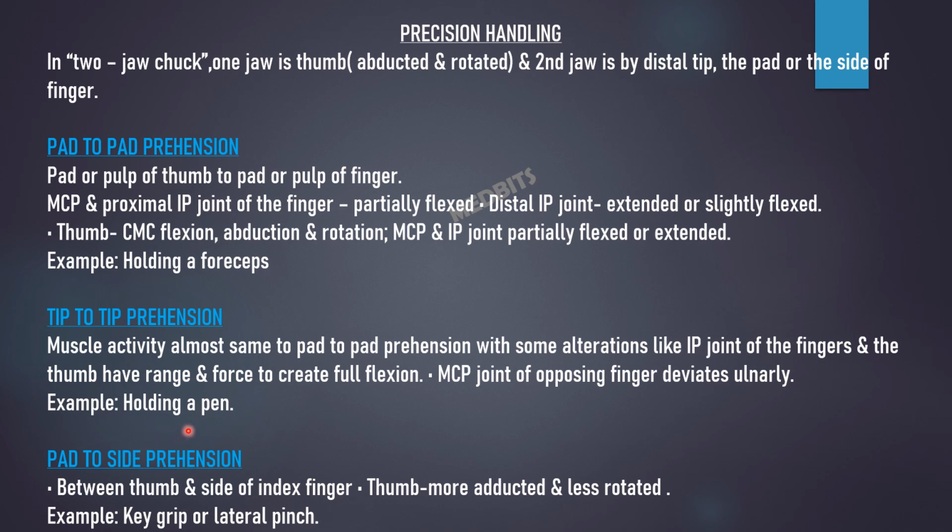When you hold a pen, you can observe that it goes ulnarly. Then pad to side prehension: between the thumb and the side of the index finger. The thumb is more adducted and less rotated. An example is key grip or lateral pinch.